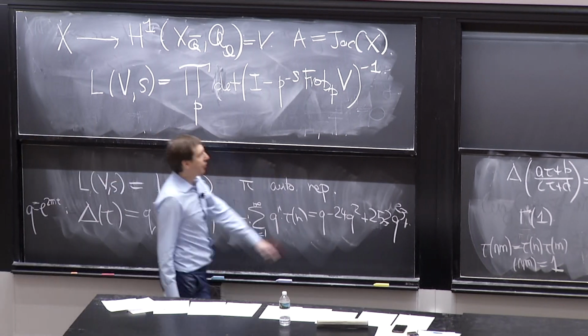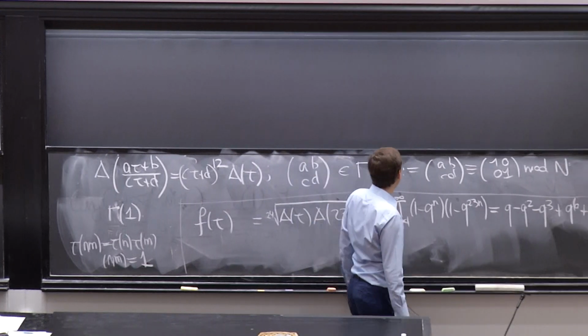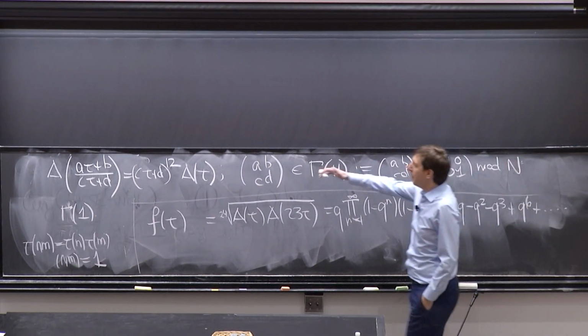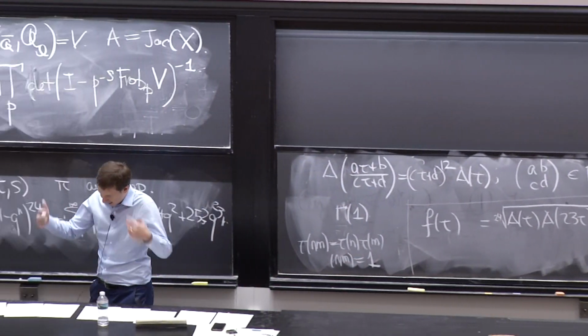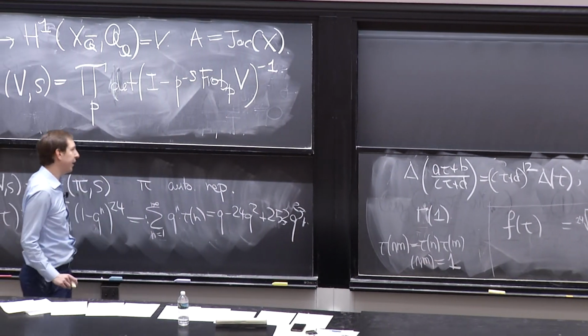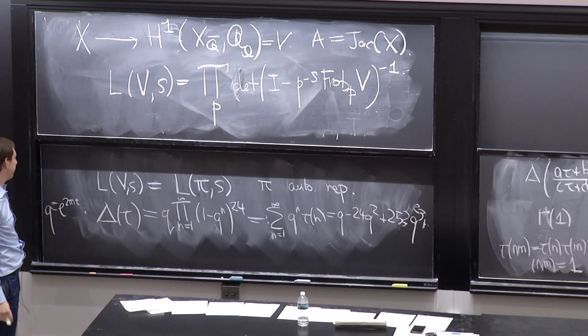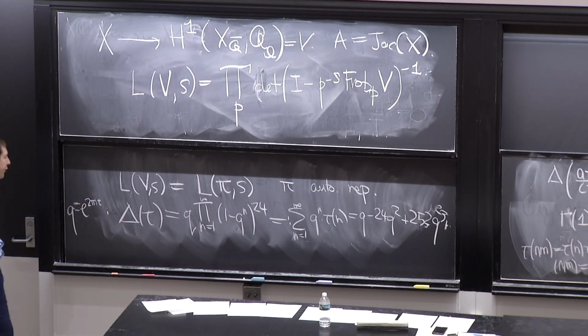For these spaces of modular forms, once I choose a weight, which is what 12 is, and I choose a level, which is what n is, and maybe I impose some extra condition to do with the behavior at the cusps, or as tau gets big, I get spaces which are finite dimensional. And in fact, in this case of weight 12, level 1, and cusp forms, you have a one-dimensional space.